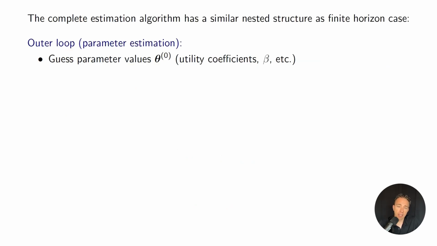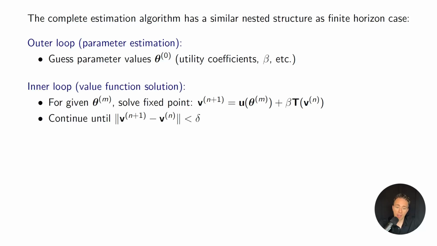So our complete estimation steps for the infinite horizon case are going to look very similar to the finite horizon case. At the outer loop, we guess parameter values for whatever the parameters are, call it theta. And then we're going to solve the inner loop using this iterative fixed point algorithm. Sometimes people call this value function iteration.